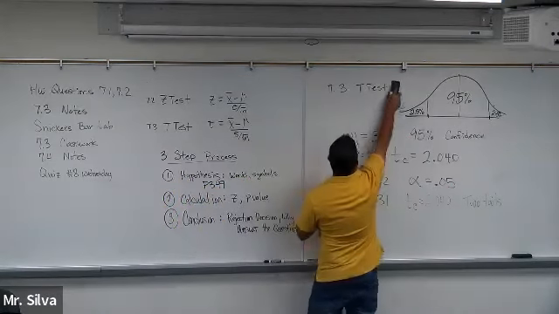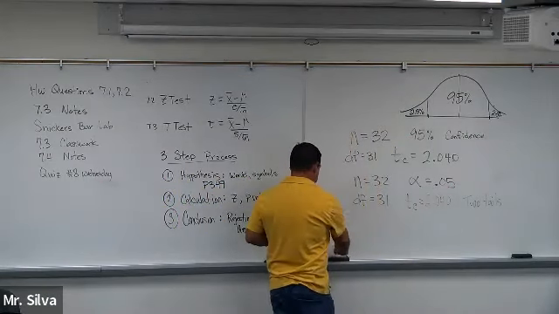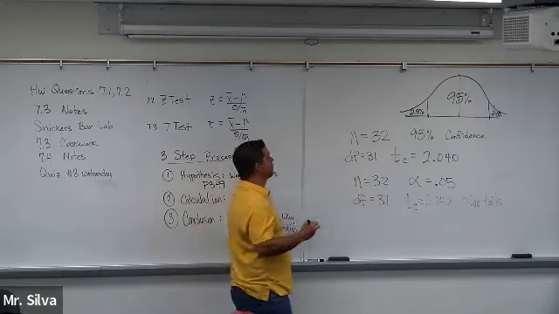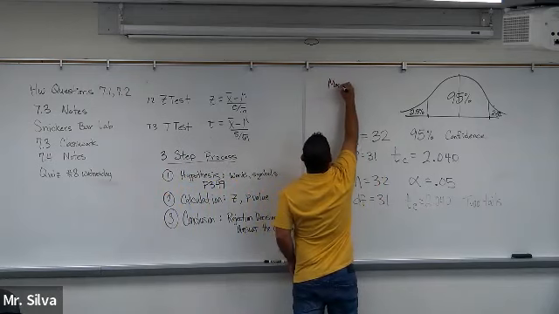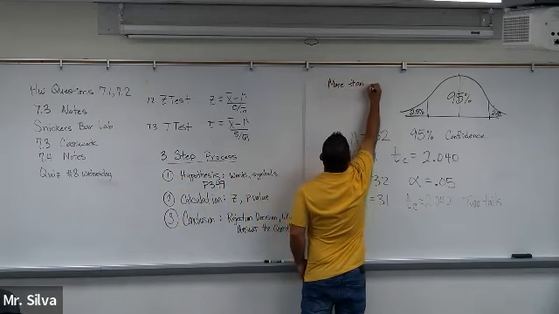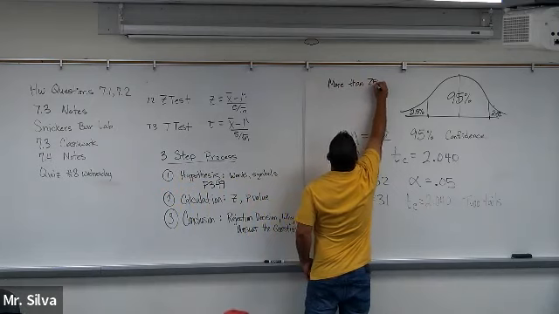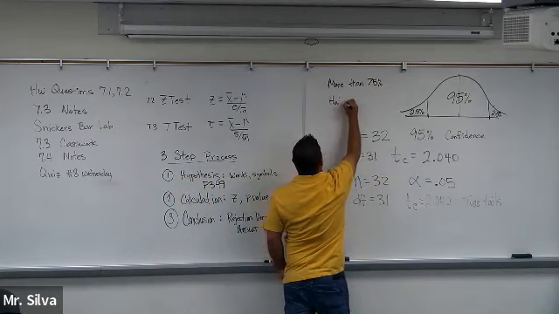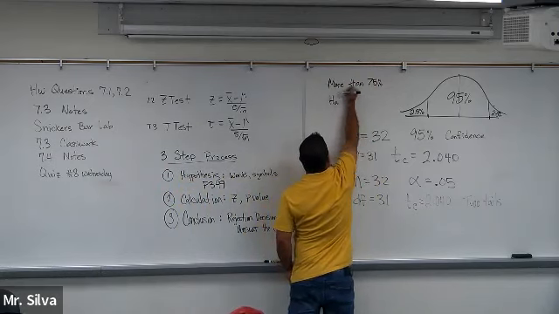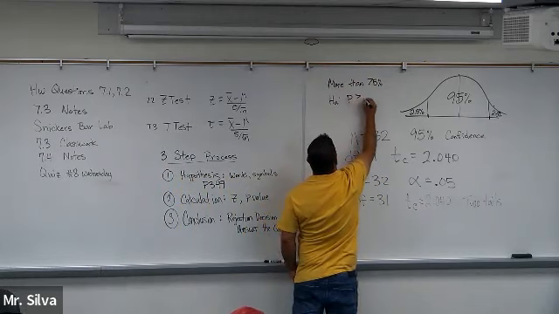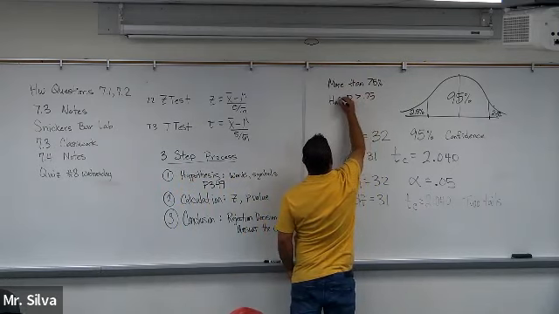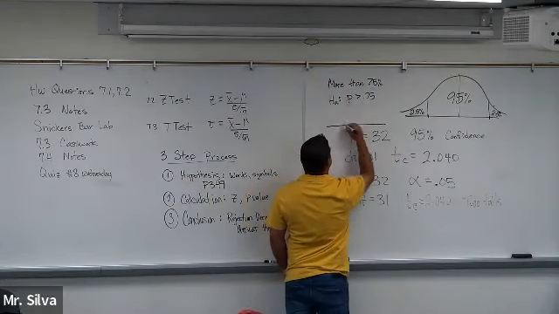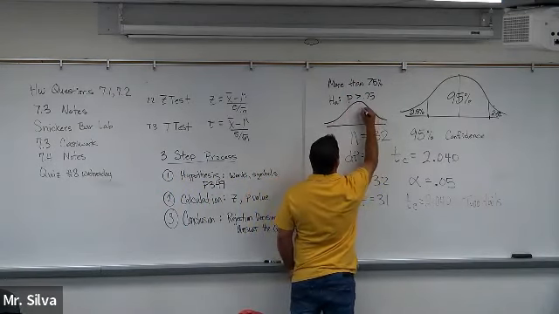So let me draw this picture. Using the last example, we thought that more than 95%, we're going back to the previous, more than 75%. And our HA was, not mu, P is greater than 0.75. It says greater than, so what's the probability of being greater than 0.75? I have to draw this really small.